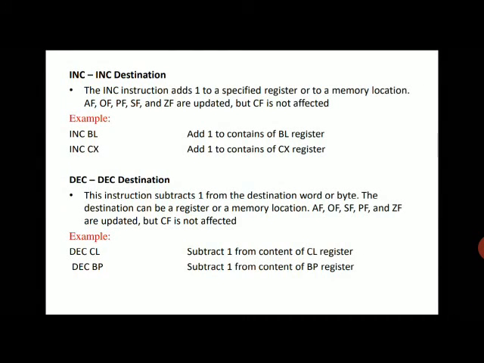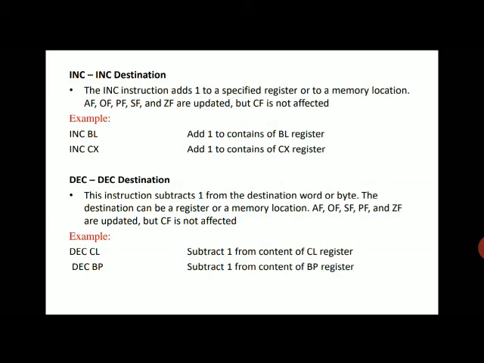This instruction adds 1 to a specified register or to a memory location. By doing so, the flags AF, OF, PF, SF and ZF are updated, but CF is not affected. That is, the increment operation increases the content by 1.